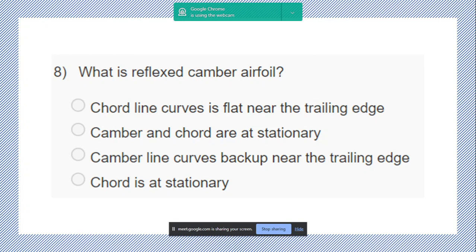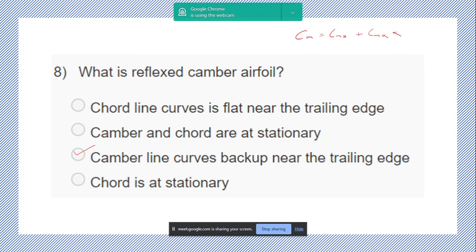What is a reflexed cambered airfoil? Third option, yes. What is the benefit of a reflexed cambered airfoil? Exactly. And why do we need Cm naught to be positive? Your Cm, the pitching moment equation, is Cm naught plus Cm alpha into alpha.